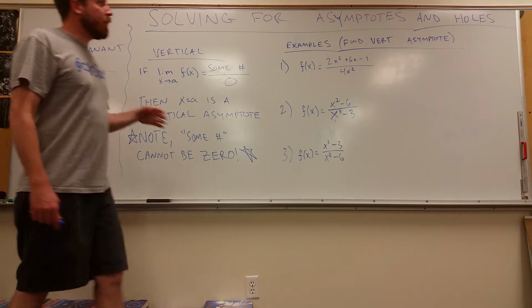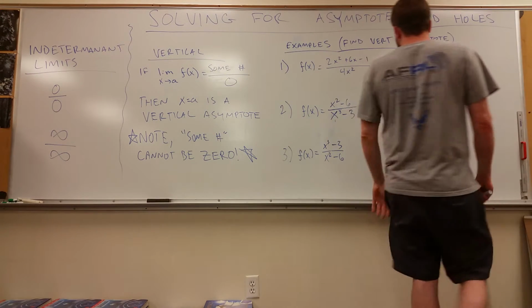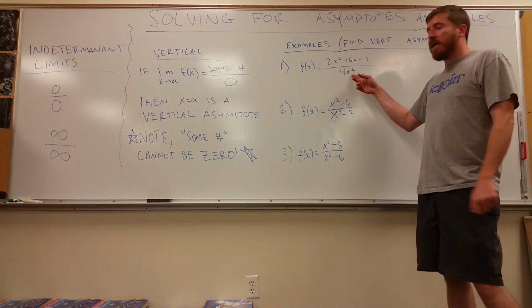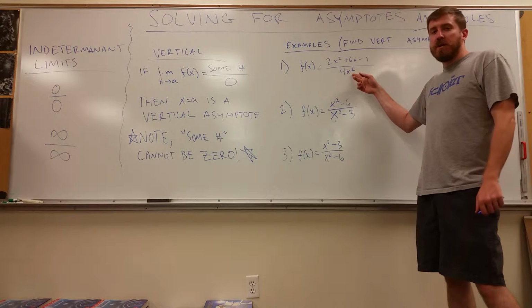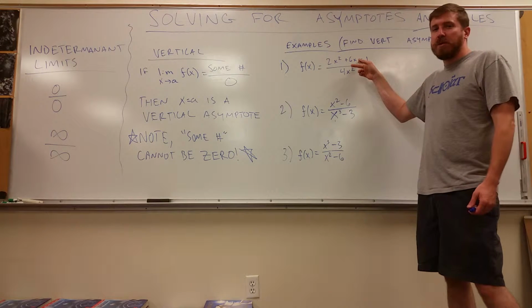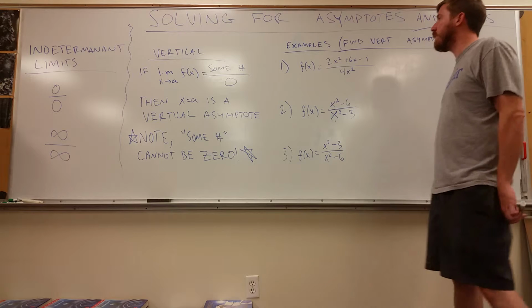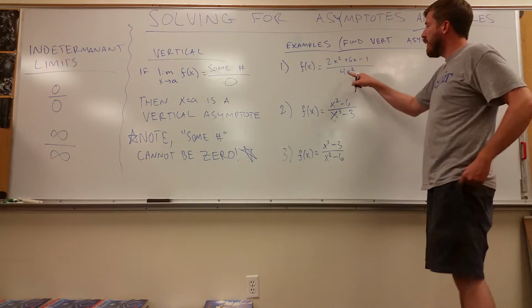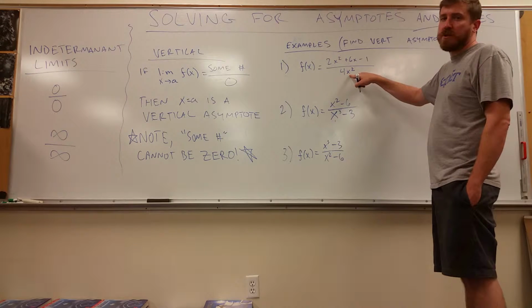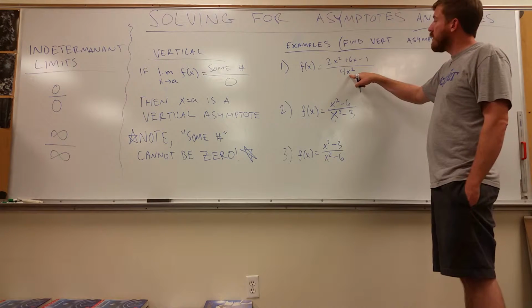So really, if we look at these examples on finding vertical asymptotes, all we're trying to do is find what x value sets the denominator equal to 0. And if that x value doesn't make the numerator equal to 0 also, then we know we've got a vertical asymptote. So right here, if we set x equal to 0, we get 0 in the denominator. Let's check the numerator.